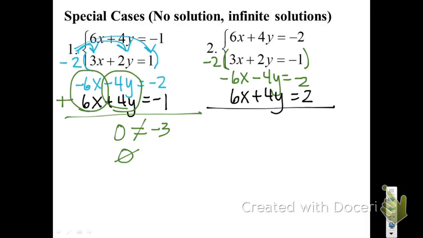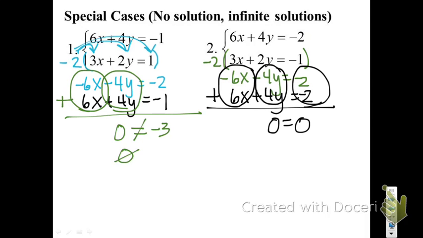Because I have opposites already with my x values, I'm going to go ahead and add. When I add, these go to 0, these add to 0, so I have 0 over here, and these as well add to be 0 here. This statement is true, so this indicates that they are exactly the same line, and so they have infinite points in common. So infinite solutions.